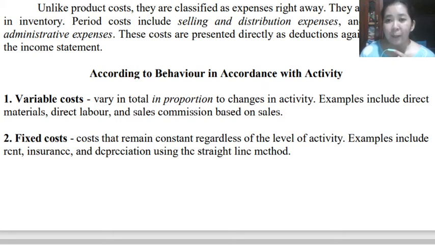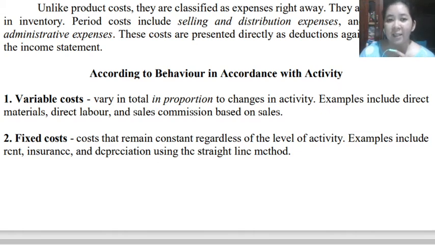For example, if you are going to produce 100,000 units, and 100,000 units is the maximum capacity of your machine in producing the product. So, for example, you just only produced 80,000 units. Meaning, you did not maximize the full capacity of the machine in producing 100,000 units.